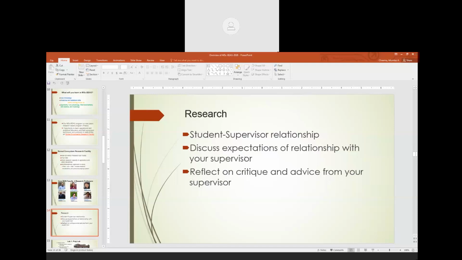So for the research, as I said, the student-supervisor relationship should be very strong, and that's why the communication piece is very important. That's always how we organize our meetings. And as I am doing one day a week, my other colleagues also organize their research meetings.